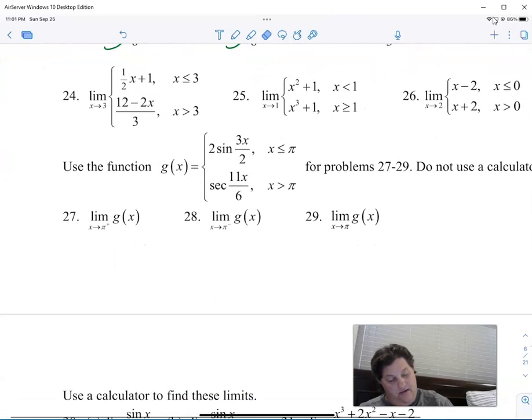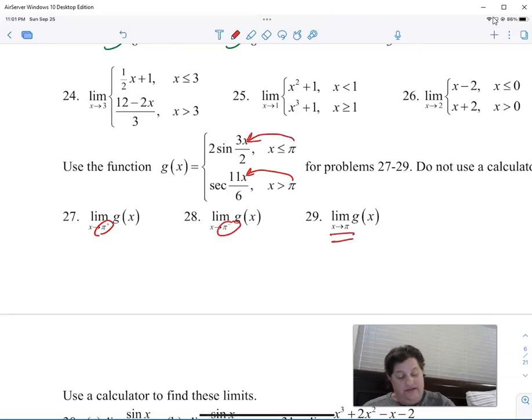And then, again, this is just like plugging in. Pi from the right is bigger than pi. Pi from the left is less than pi. What's the limit as it equals pi? If it's the same, that's my answer. But if they're different, the limit does not exist. A little bit of best friend stuff, right, for those questions.